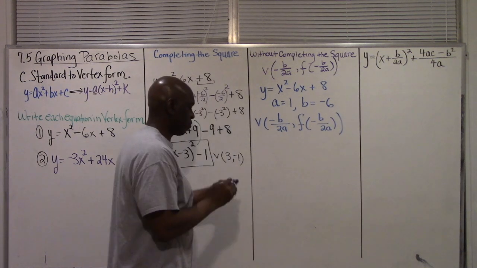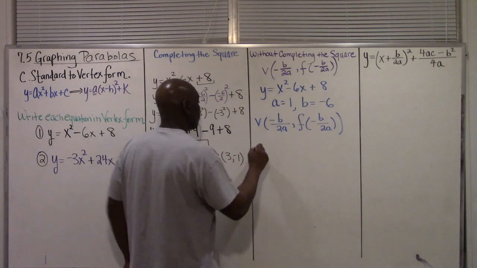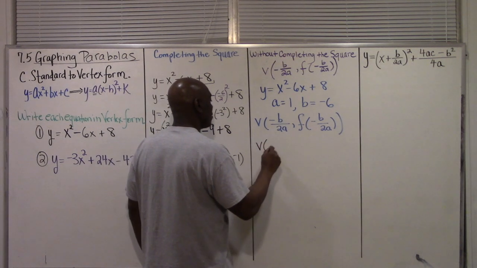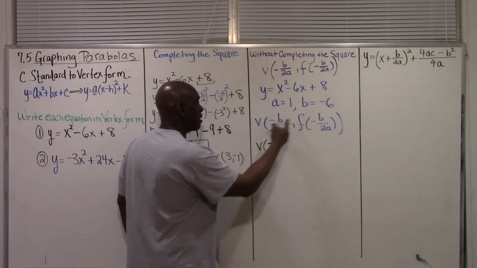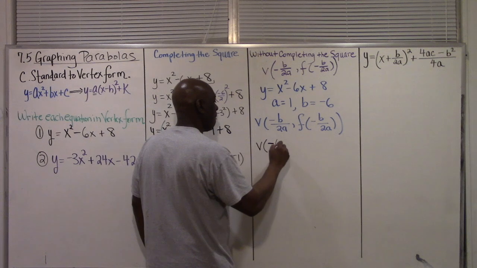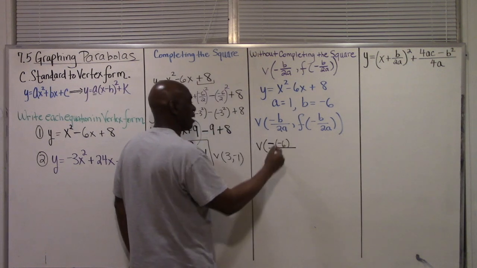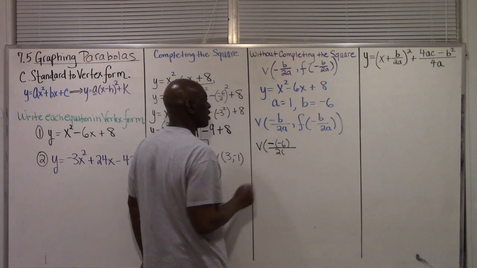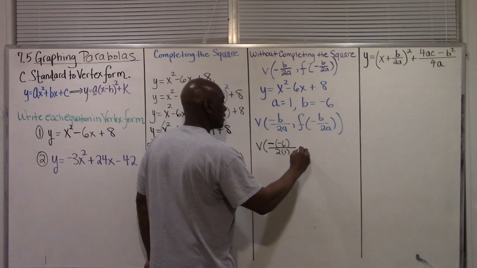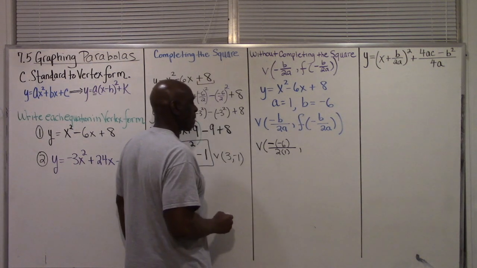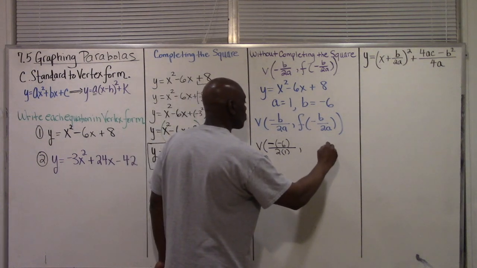All right, so here we go. So our vertex is negative, see, negative, negative. Well, what is b? b is negative 6. It's the negative of negative 6 divided by 2 times a. 2 times, what is a? a is 1, comma, well, let's see here.